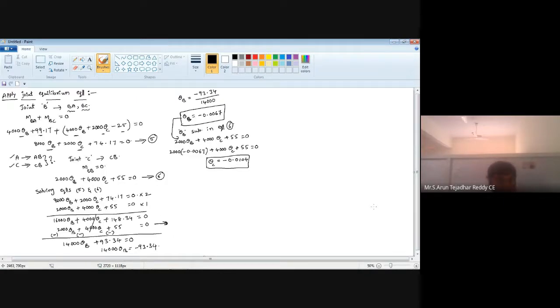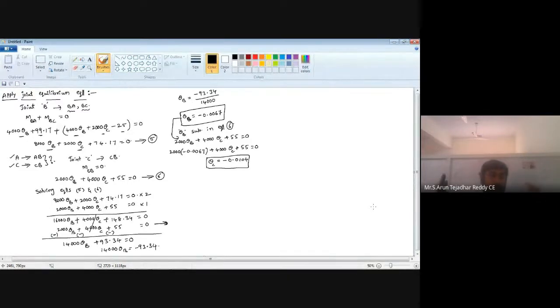Okay. So this is how we apply the joint equilibrium equation. By using the joint equilibrium equation, we can find whatever unknown terms we have, whether it may be a slope value or a delta value, nothing to worry.